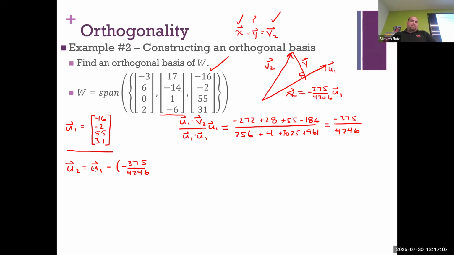What am I doing wrong? Oh, V2. So if x plus y equals V2, the thing I really want is y. So if I isolate y here, I get y equals V2 minus x. So this right here should give me U2.